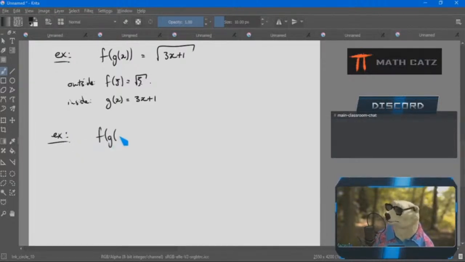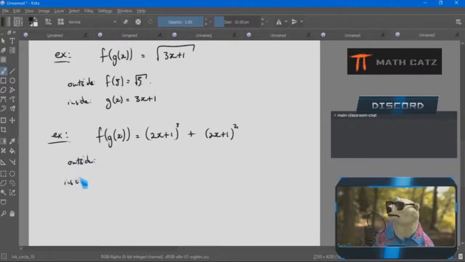I'm thinking of two functions. When I put them together in this function of a function way, I get (2x plus 1) cubed plus (2x plus 1) squared. What are the functions? Now, there could be a level of trial and error here, a little guess and check. That's okay.